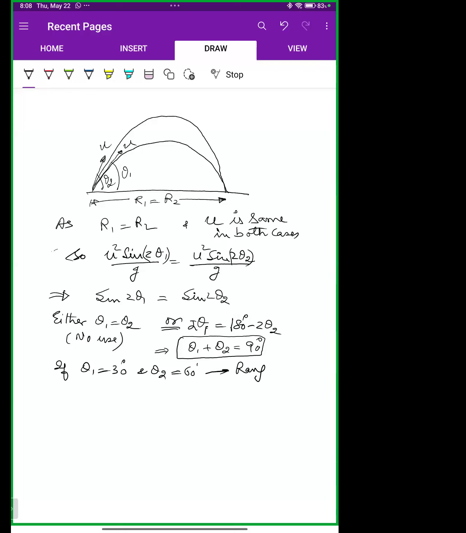Range is same. You getting my point? Because their sum is 90 degree. If theta 1 is equal to 36 degree and theta 2 equal to 54 degree, range is same.